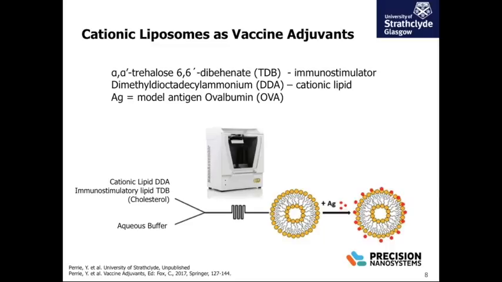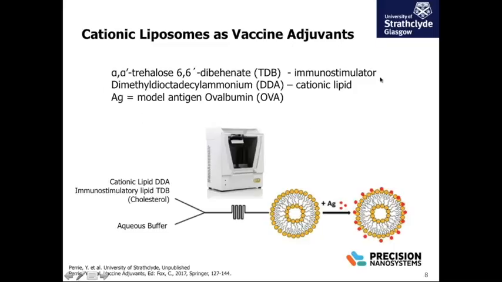This is a work that was done at the University of Strathclyde by the group of Yvonne Perry. And Yvonne's group has focused a lot on the exploration of preparing nanoparticles to combine adjuvants together with an antigen in a way that triggers a safe and efficient immune response in the body.